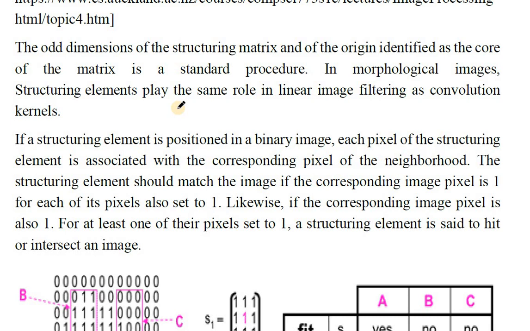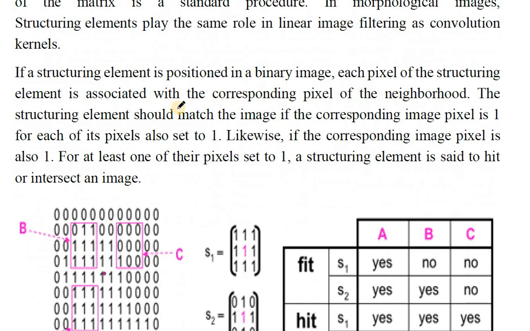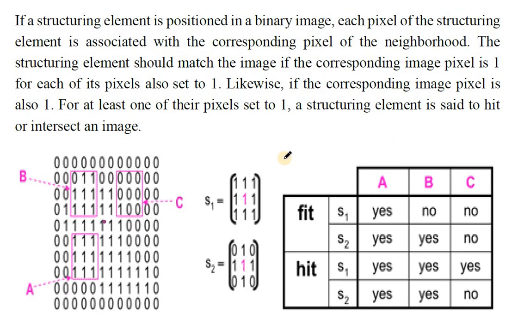Okay. So in morphological images, the structuring element plays the same role as convolution kernels in linear image filtering. Now, in case you remember, I had taught you something called the median filter and the average filter या mean filter, correct? We had applied the filter across the images. So वो जो process था, that process is called convolution.